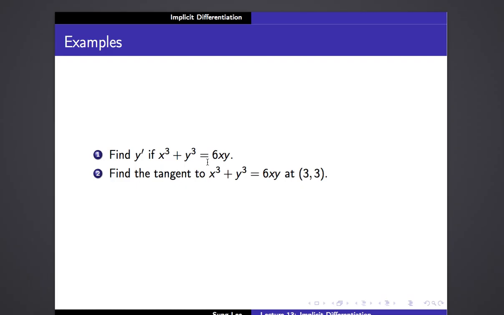So we are going to use the implicit differentiation, in other words, the chain rule. And then the next question is to find the equation of the tangent line to this curve x cubed plus y cubed equals 6xy at the point (3, 3).